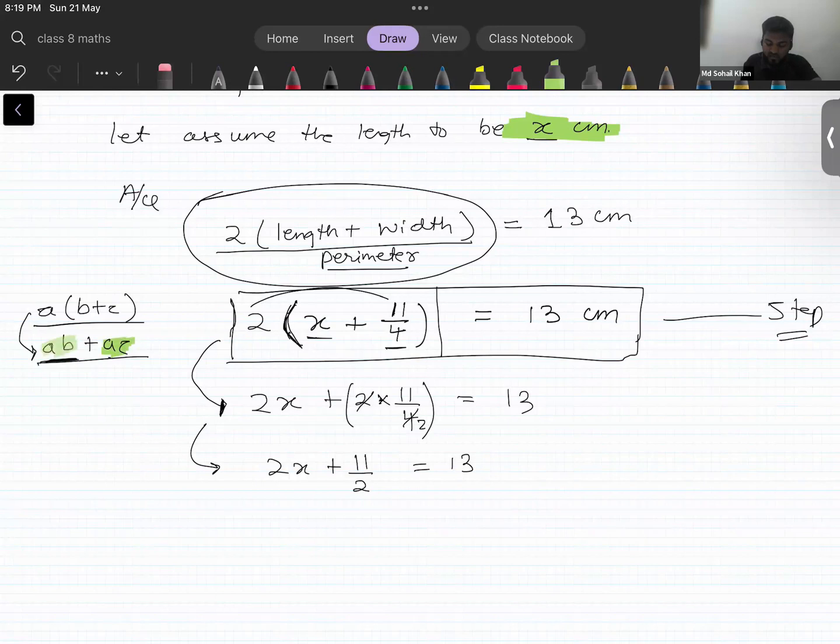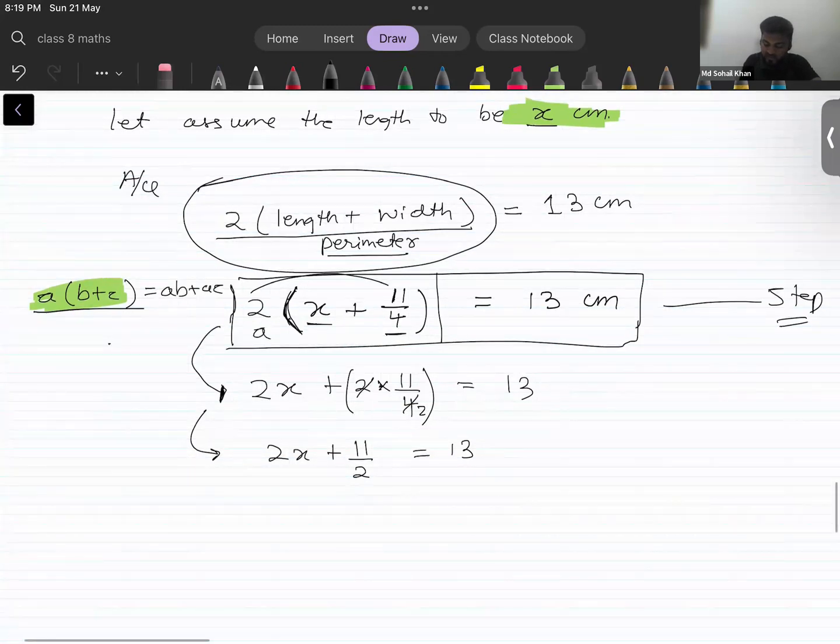Remember, in rational numbers we discussed the distributive property of multiplication over addition, in which we wrote numbers like this. It was basically a multiplied b plus a multiplied c. So here you consider them as a, b, and c.